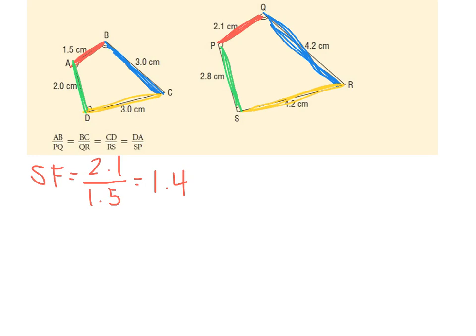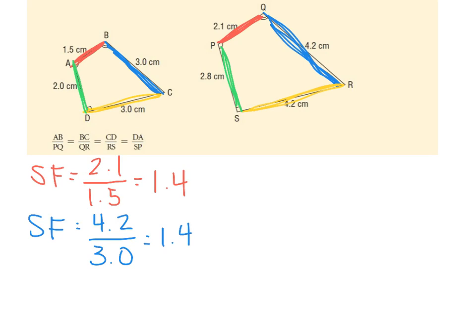Now I'm going to double check my blue pairs. So side BC and QR. So QR will go on top. So 4.2 over 3.0, which also gives me 1.4.